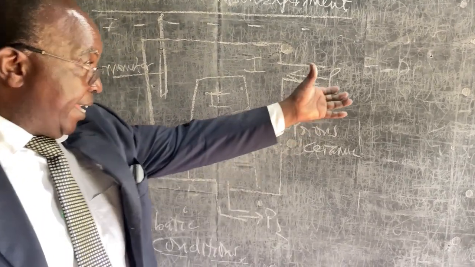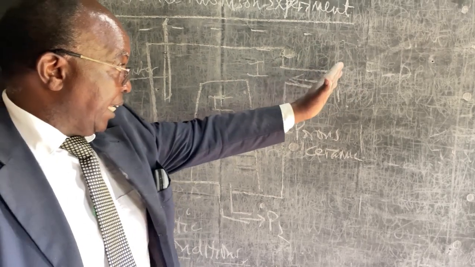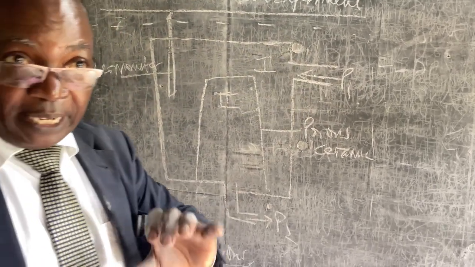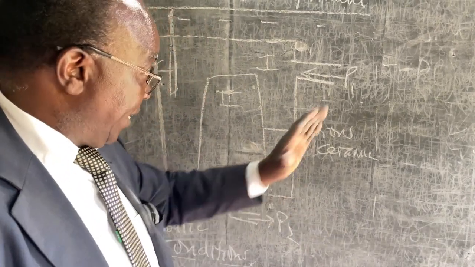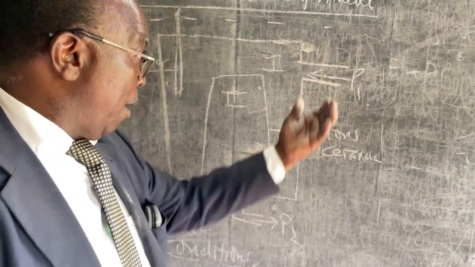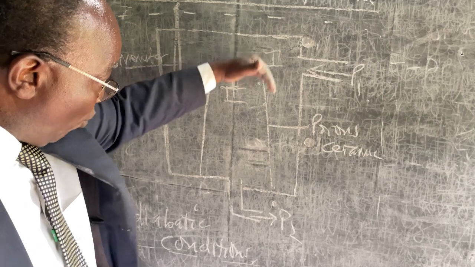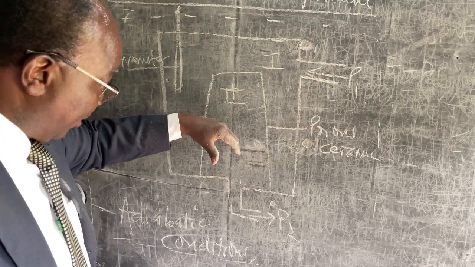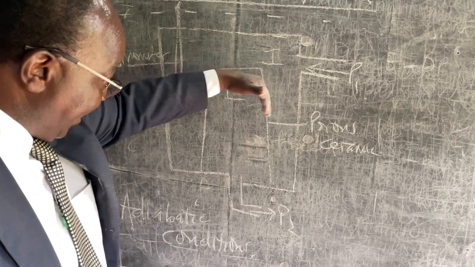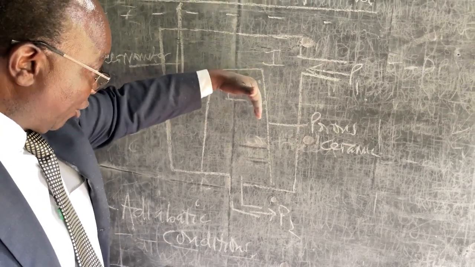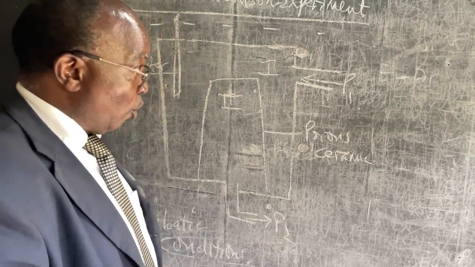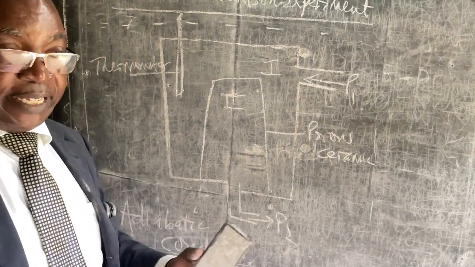I repeat, the incoming gas acts as a piston. You remember the piston cylinder model in PV work? So this incoming gas acts as a piston, pushing on the gas in compartment 1, which throttles through the porous ceramic matrix or membrane, and when it gets in, it acts as a piston, pushing the gas in compartment 2 out. That is a very wordy explanation.